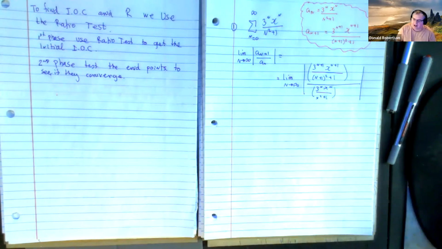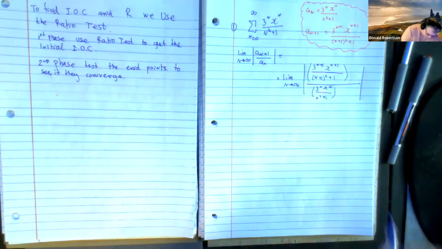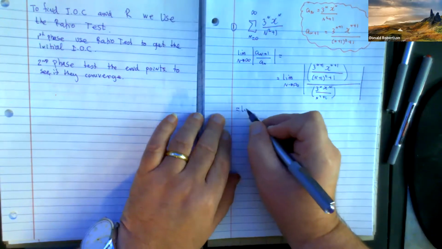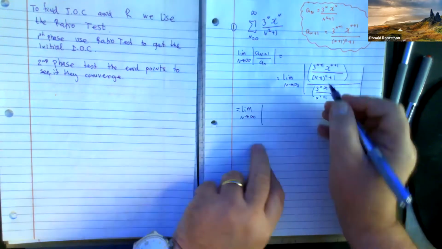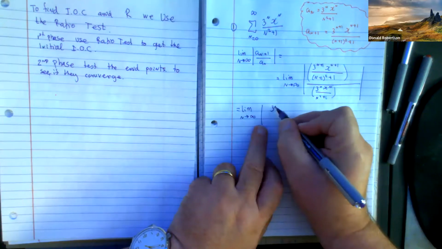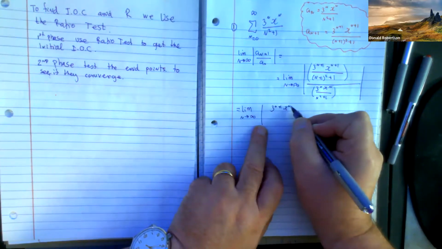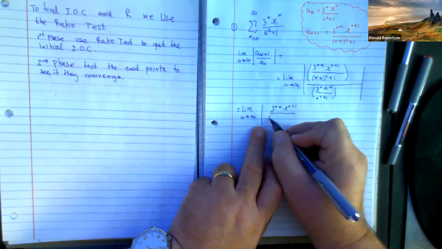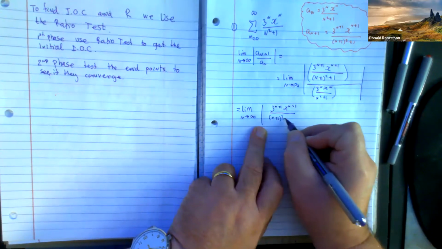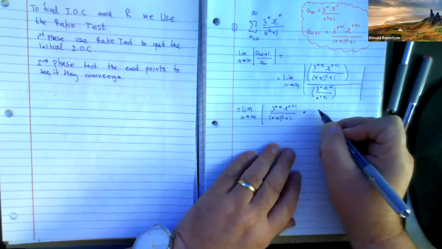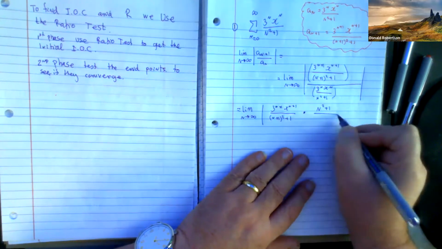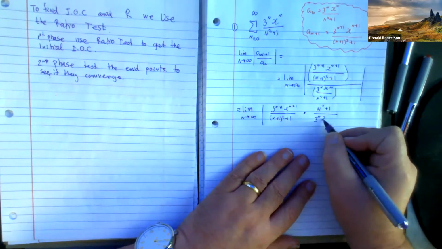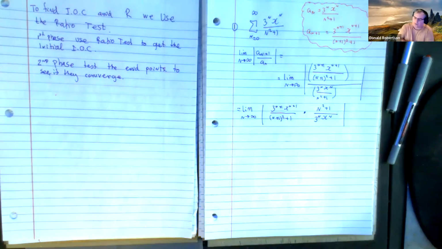Now, typically, I wouldn't write it like this. What I would normally do is jump to the next line, and that is the top fraction times the reciprocal of the bottom one.